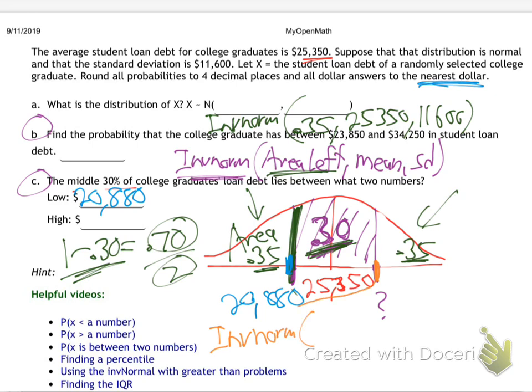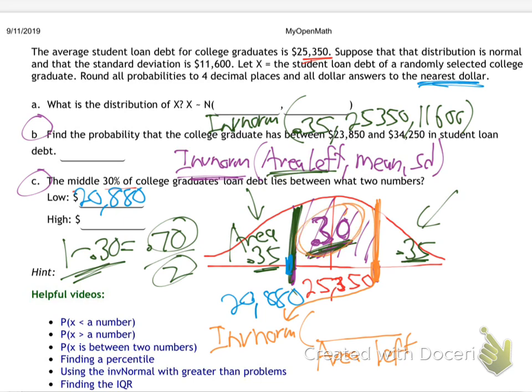To get this spot right here, we got to do another inverse norm. And the first thing you got to put in here is area left. So the question always becomes, what's the area to the left of this spot?